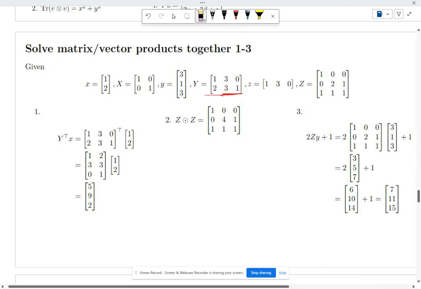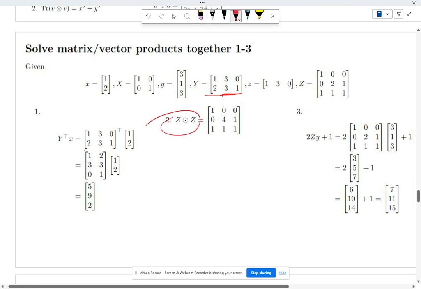So how do we do the transpose? Well, we flip them. So this becomes this. Now we just have to do a dot product. So this is a dot product. How do we do it? This one gives us the first number. And then you do this dot product, that gives us the second number. And then this gives us the third number. Okay?